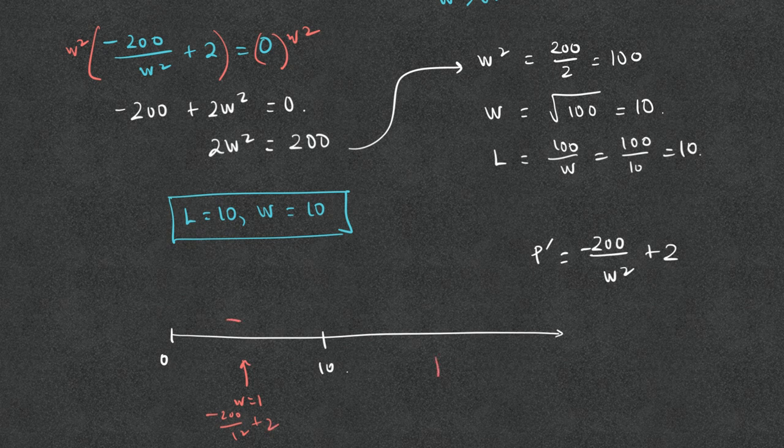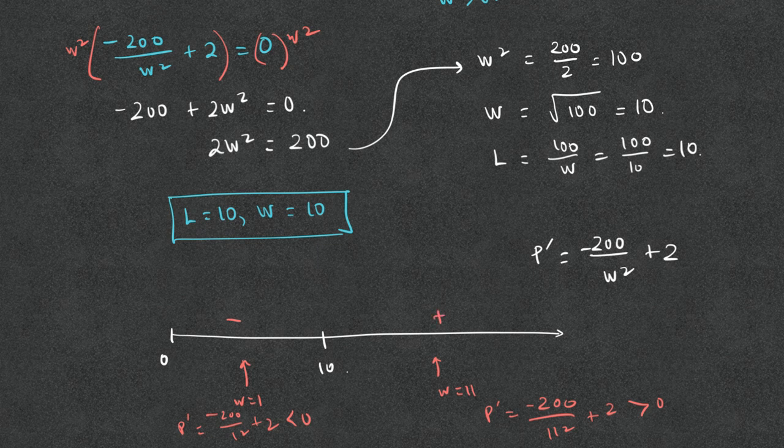If we pick another number in the interval 10 to infinity, W equals 11, for example, then P prime is negative 200 over 11 squared plus 2. Negative 200 over 11 squared is greater than negative 2, so P prime will be positive. And so the derivative is positive in the second interval.